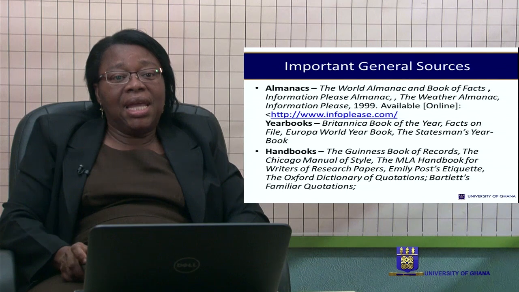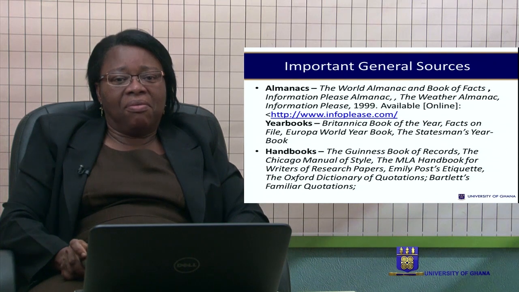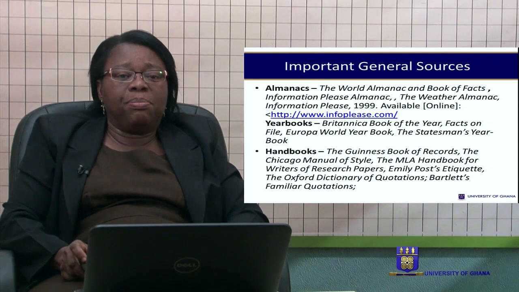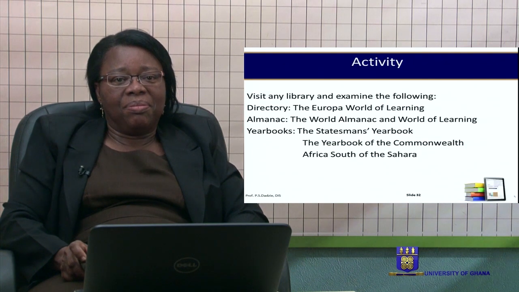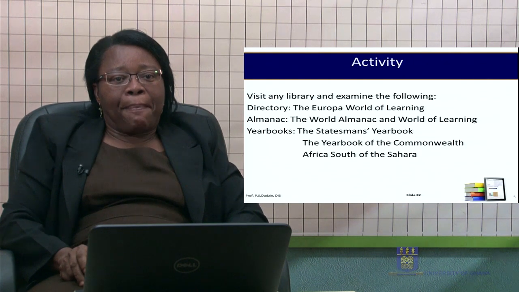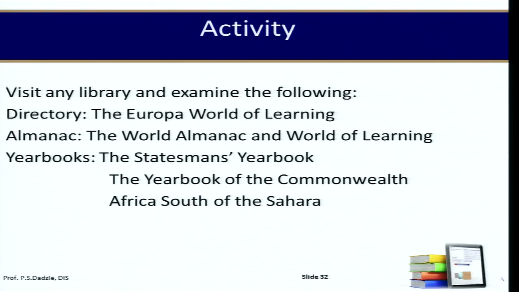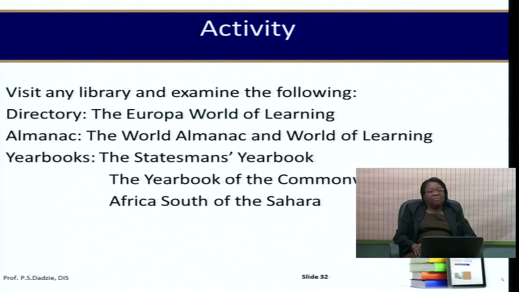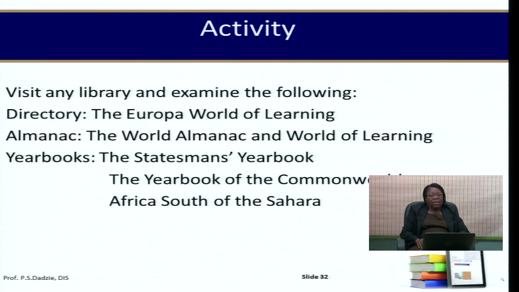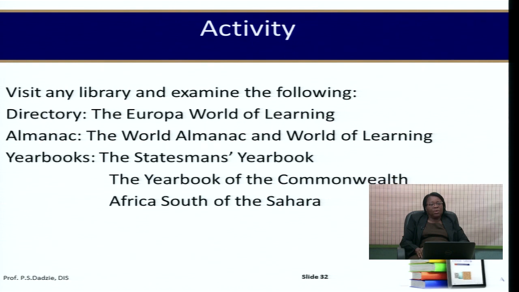You are not required to look at any handbooks, but if you find examples such as those listed in this course, please examine them out of curiosity, such as the Guinness Book of Records. It's a good handbook. So for your activity, you will need to visit a very good library, and for the example of a directory, please examine the Europa World of Learning.